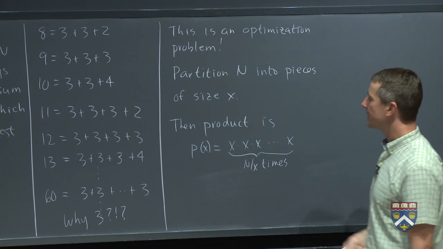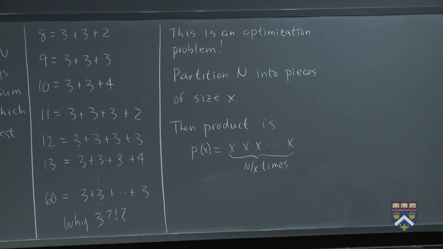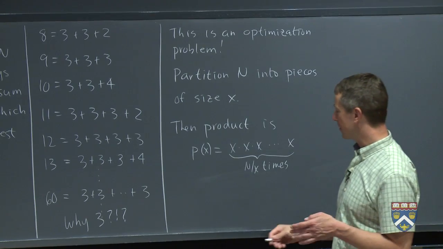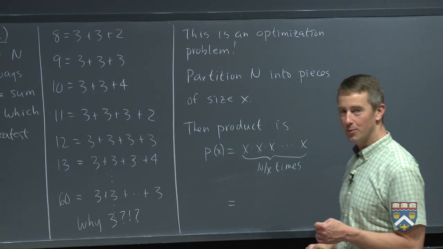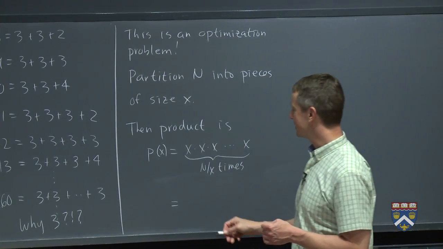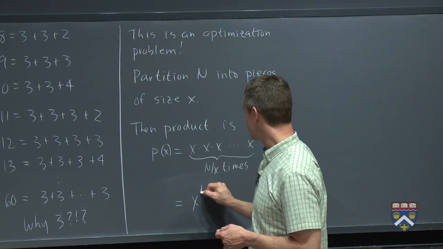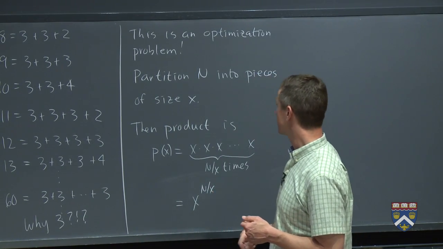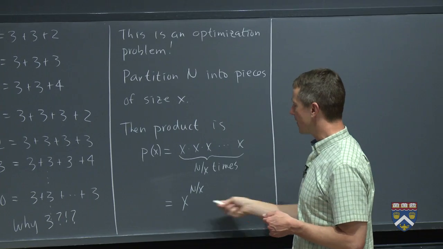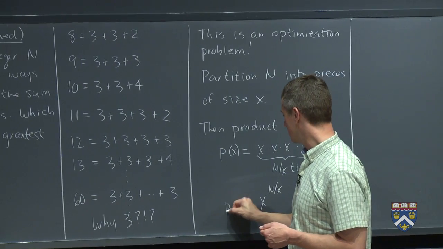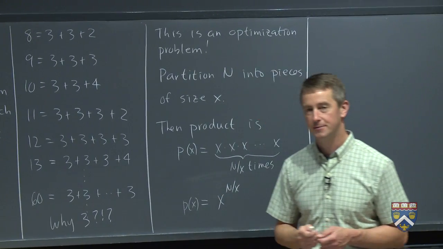We're multiplying x by itself n over x times. But going back to the very first week, we have a shorthand way of writing this, right? We write this as x raised to the n over x. So this is the function we want to maximize.